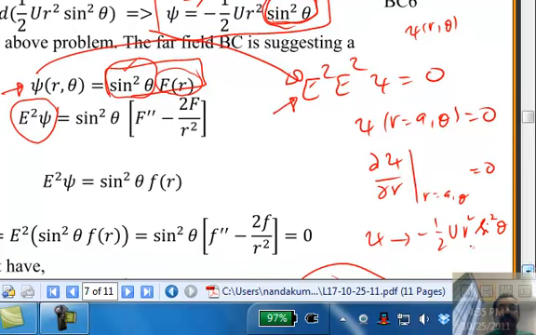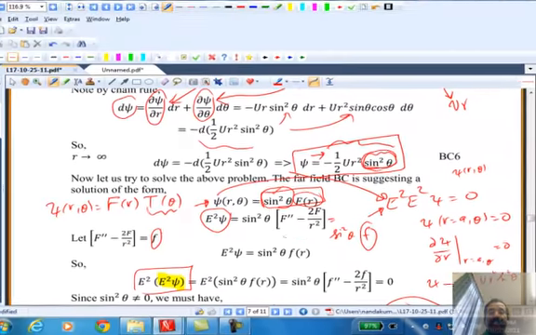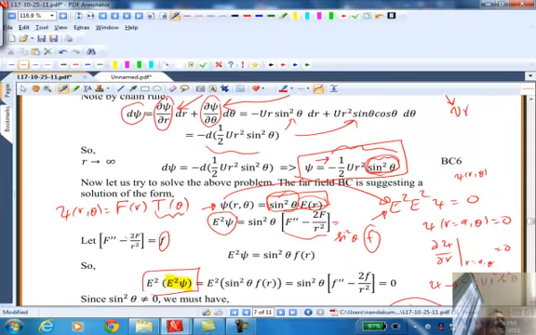This is what I need to evaluate: E square operated on psi, but I already know E square psi. That is sine square theta times f double prime minus 2f over r square, or I can say that is equal to sine square theta times lowercase f, which is this entire thing by definition, just defining another variable.